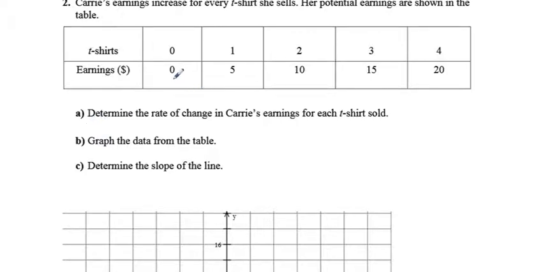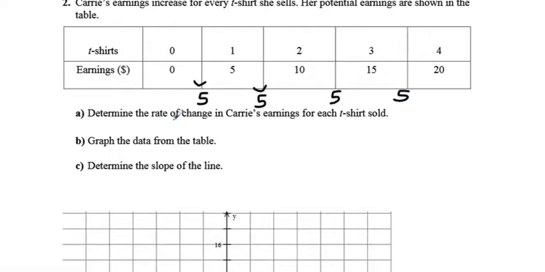So we would look at that, and I don't have it the same way now. I've got to kind of do a change this way. So 5 minus 0 is 5. 10 minus 5 is also 5. 15 minus 10 is 5. 20 minus 15 is 5.